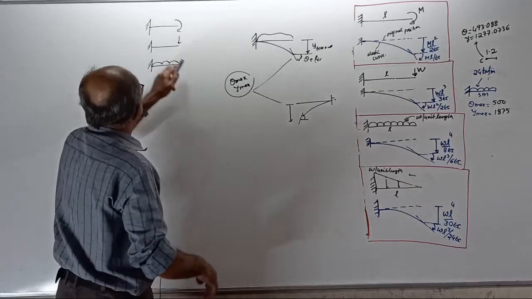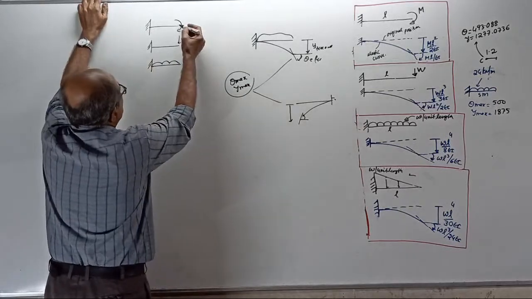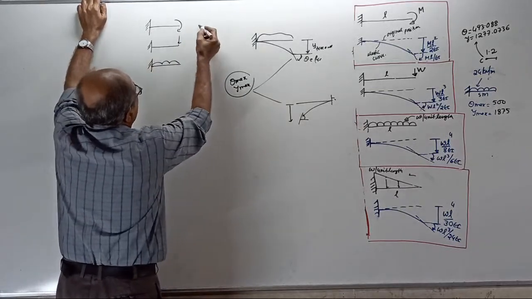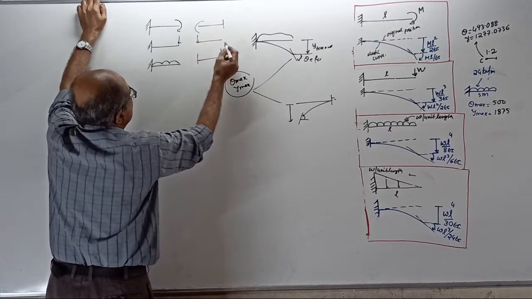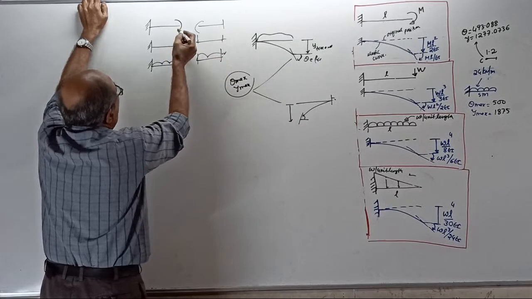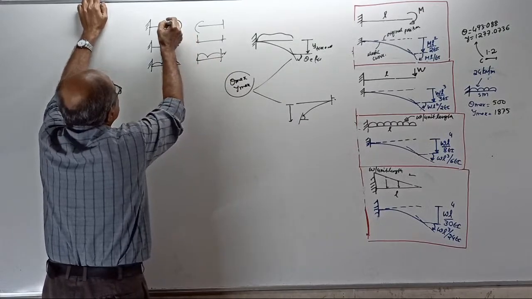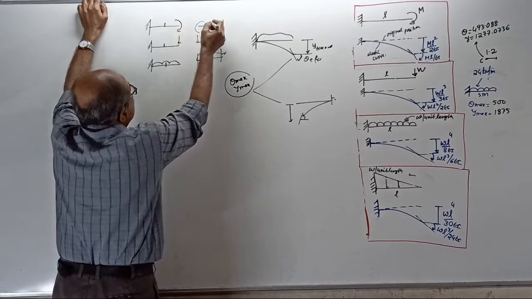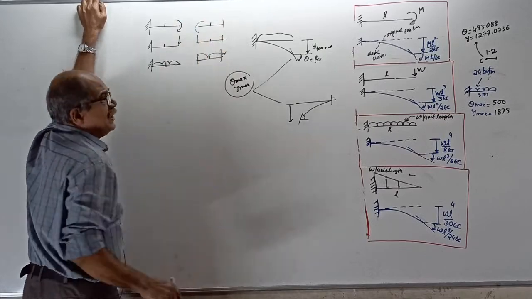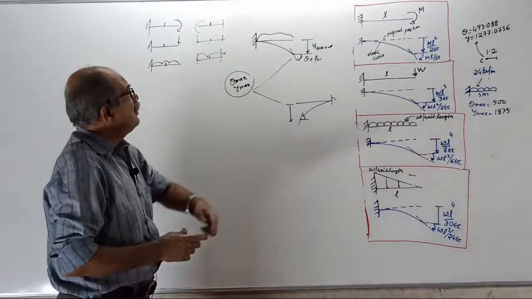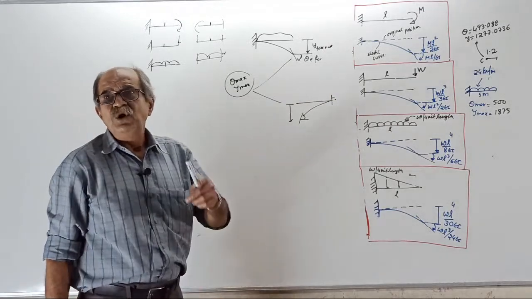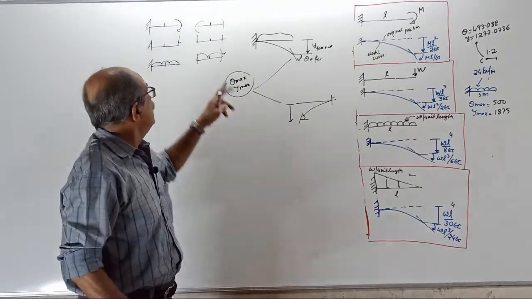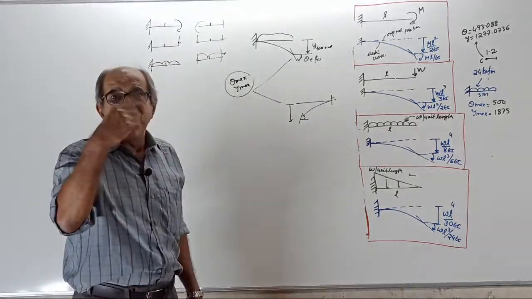For these cases, you know how to find it at the free end. Suppose you require it somewhere else, what to do? That formula you can't apply. If you need it somewhere else, what to do?